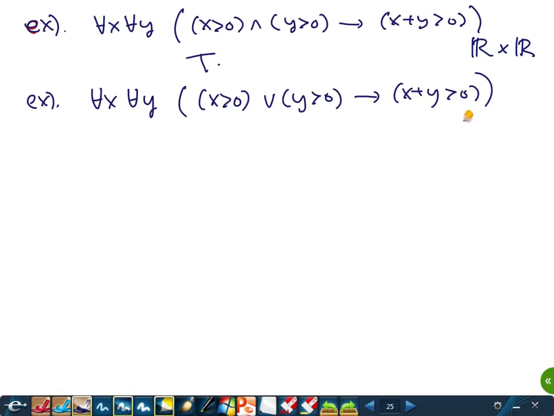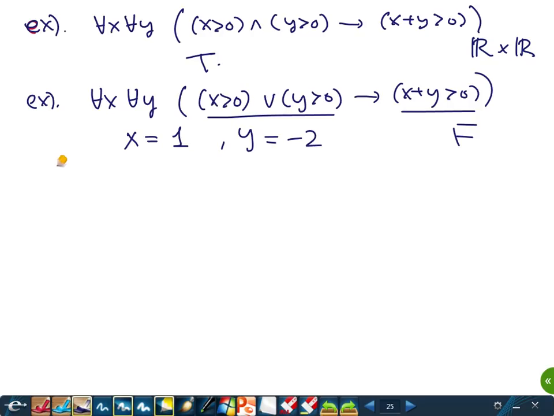Is this true? False, because to show it's false you can just give one counterexample. Maybe x is 1, y equals minus 2. This is true, but this is not true. So it's a counterexample. So it's false. All right.